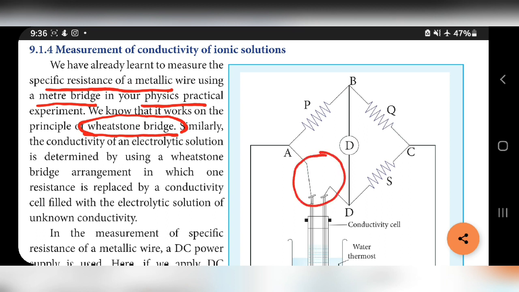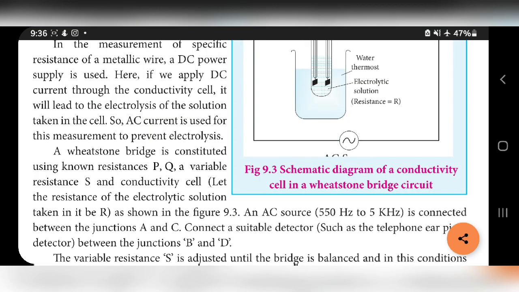Instead of one resistance, a conductivity cell filled with an electrolytic solution of unknown conductivity is used. In the measurement of specific resistance of a metallic wire, a DC power supply is used.